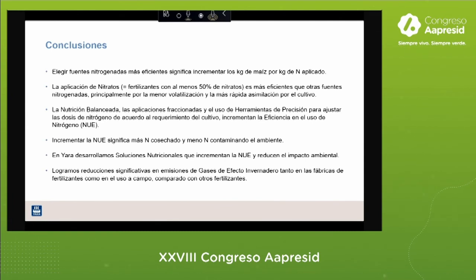So that's why we in YARA develop crop nutrition solutions, which should increase the nitrogen use efficiency, reduce the environmental and climate impact, and also give a good profit to the farmer. Regarding the last part of the presentation, we can say that we achieved already significant reductions in the greenhouse gas emissions, both in the fertilizer production and also in the field compared to other fertilizer forms.